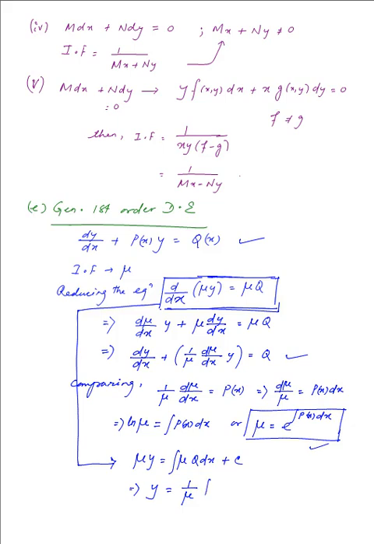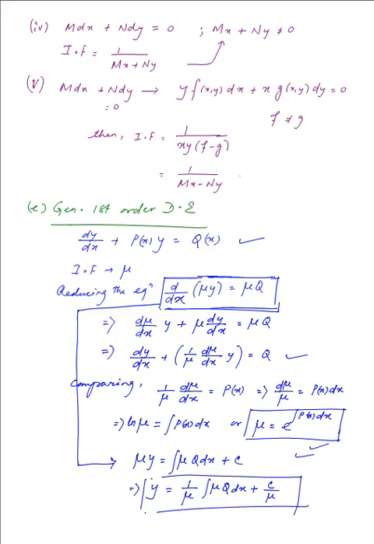So it is of the form 1 by mu times the integral of mu q dx plus c by mu, with the value of mu having been determined by the above equation. That is what we have as the solution for the general first order differential equation.